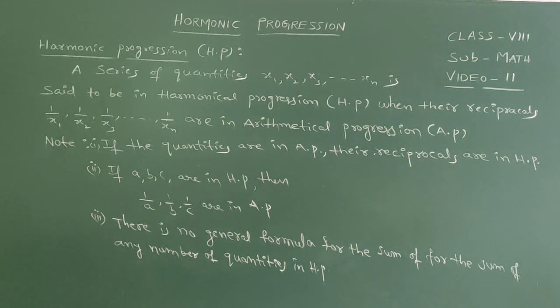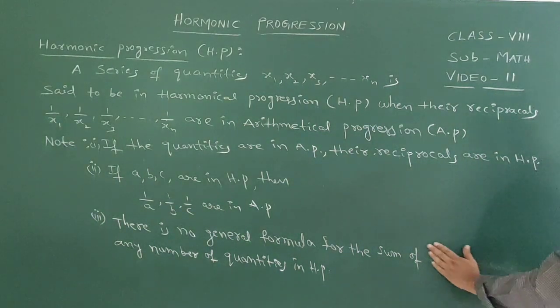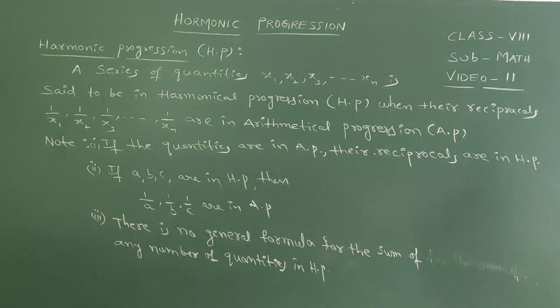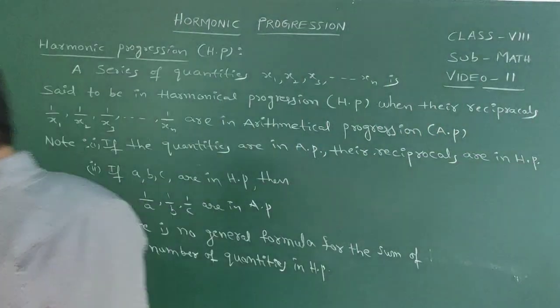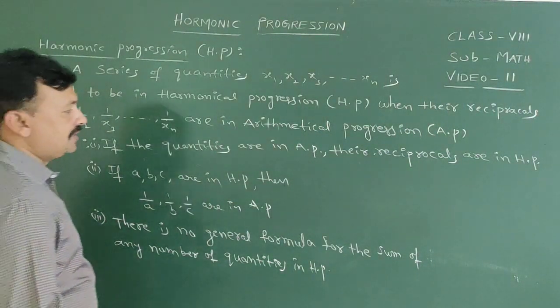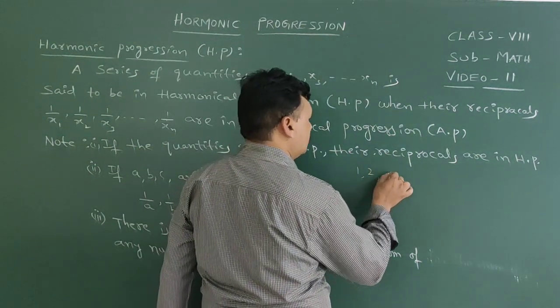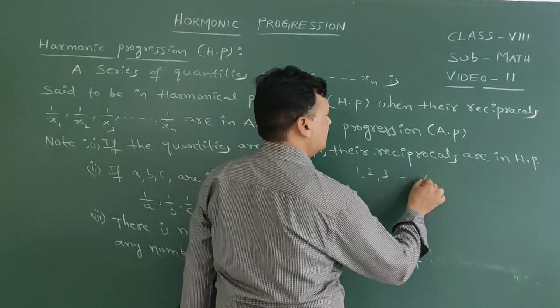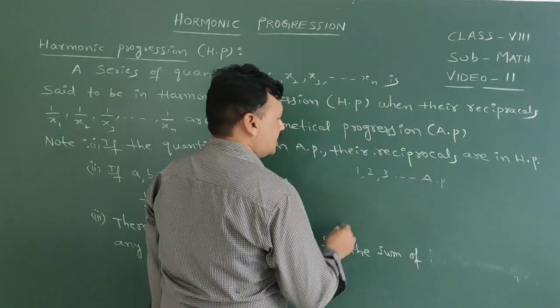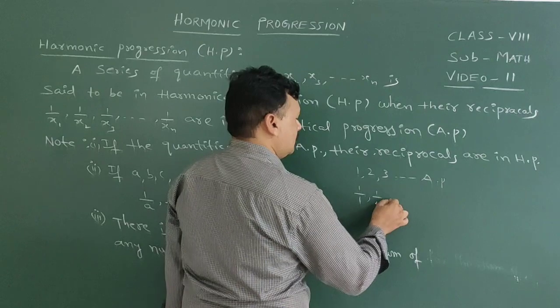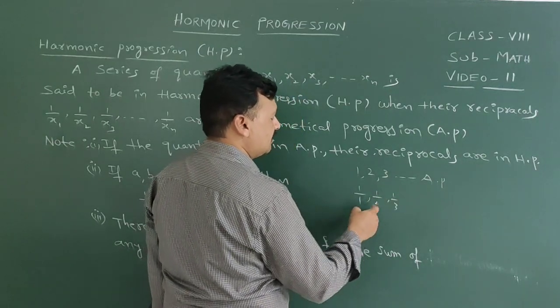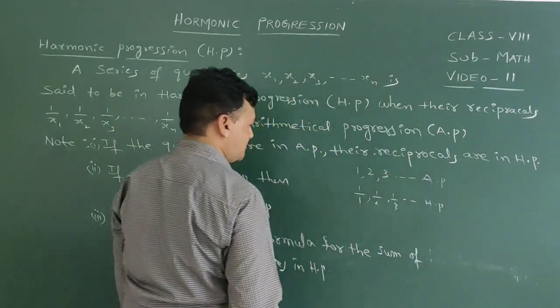Coming to the third note, there is no general formula for the sum of any number of quantities in HP. There is no general formula for finding Sn in HP, because observe this one: 1, 2, 3, three terms are given in AP. Then in HP, 1 by 1, 1 by 2, 1 by 3. Obviously they are in HP.